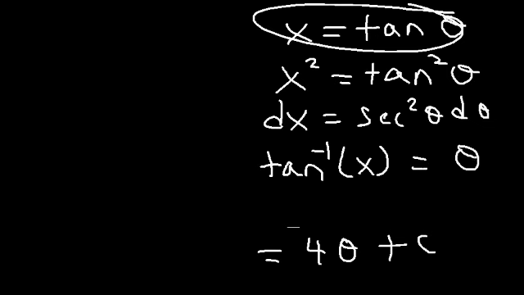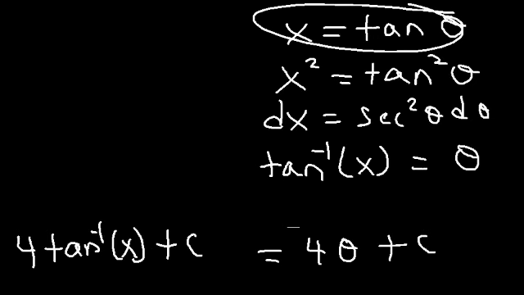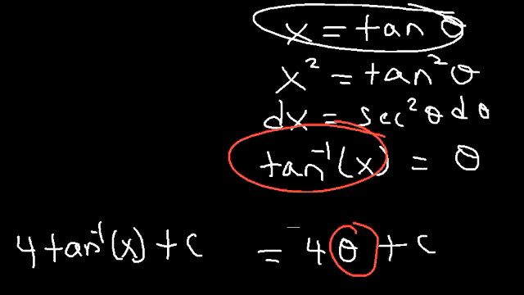Whenever you're dealing with an inverse function, you need to switch x and y. In this case, x and theta. So the final answer is 4 inverse tangent of x plus c. We just need to replace theta with inverse tan. So this is it.